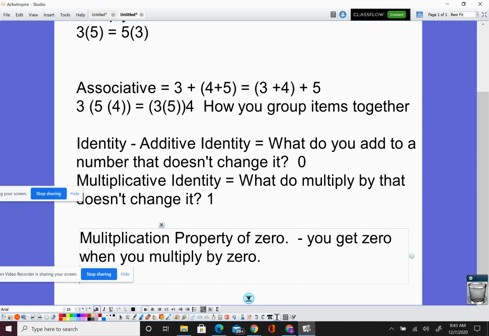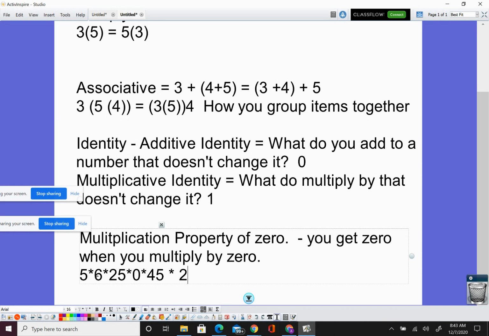Something like 5 times 6 times 25 times 0 times 45 times 2.